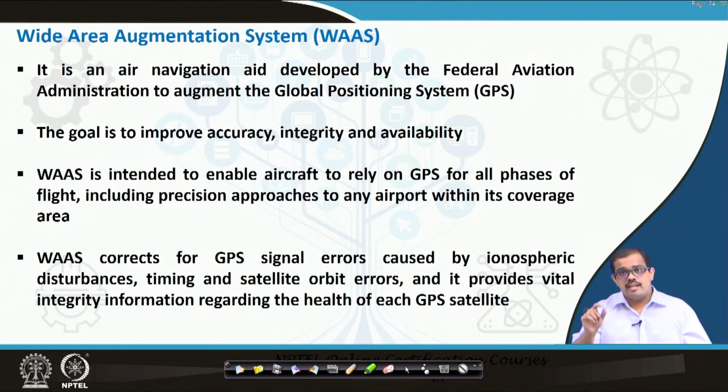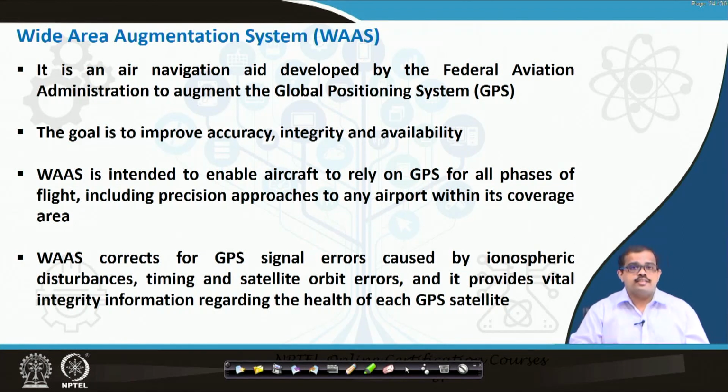Which means that every airport has its own WAAS system, integrated across other WAAS systems, so that you have precise landing, precise takeoff time, and availability of wide area augmentation.